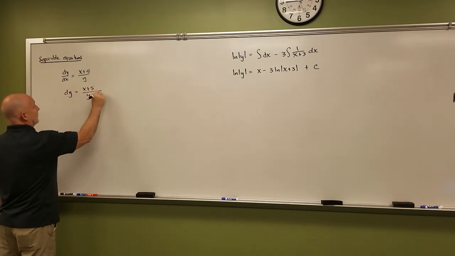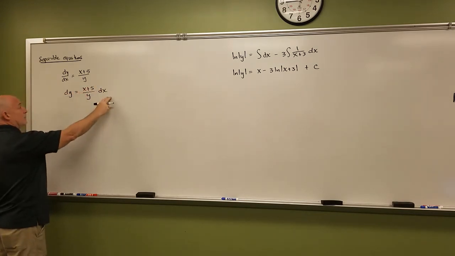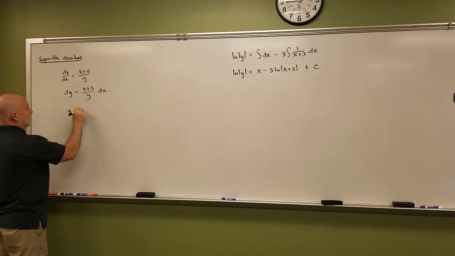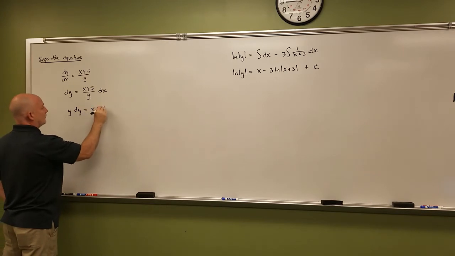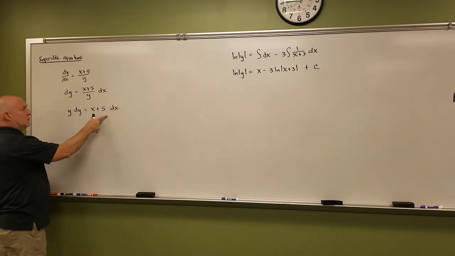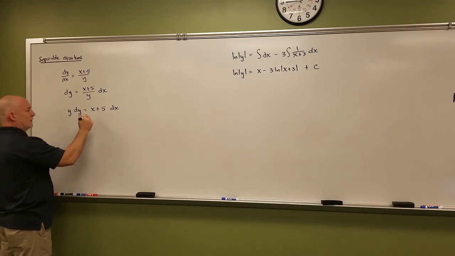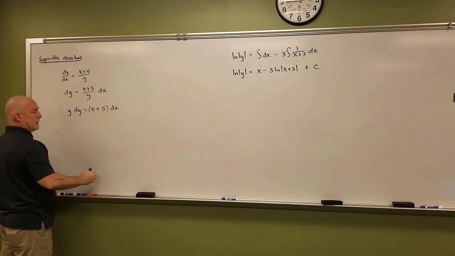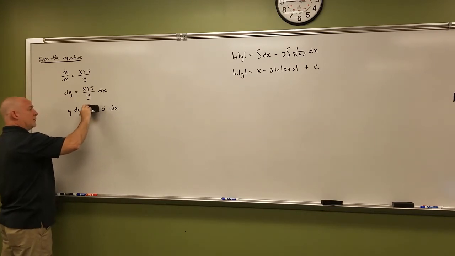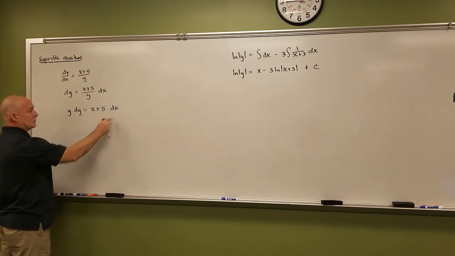When I separate my derivative, I want the x stuff on the right and the y stuff on the left, which of course is easy to do in this one. (x + 5) dx. Now I'm getting a little sloppy here. Technically there should be parentheses around that, but most of the time with our derivatives we've been pretty sloppy and left them out at the end, which I'm still okay with.